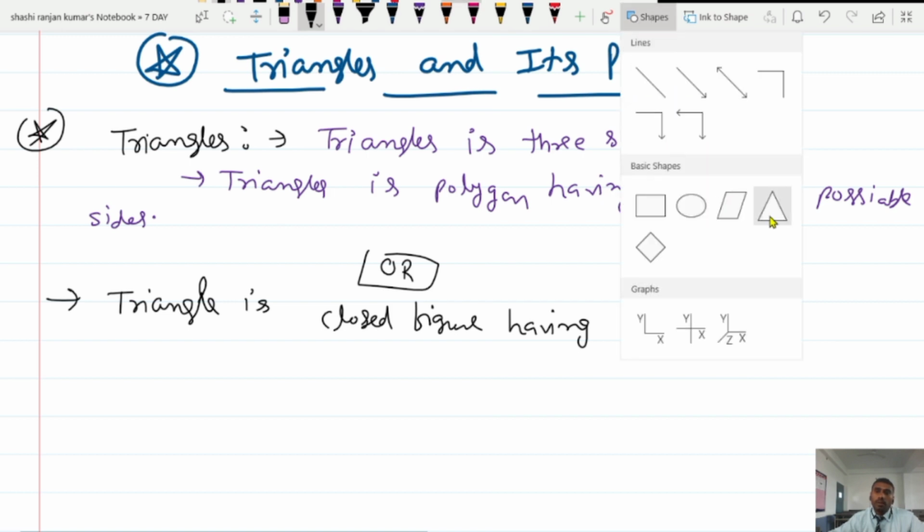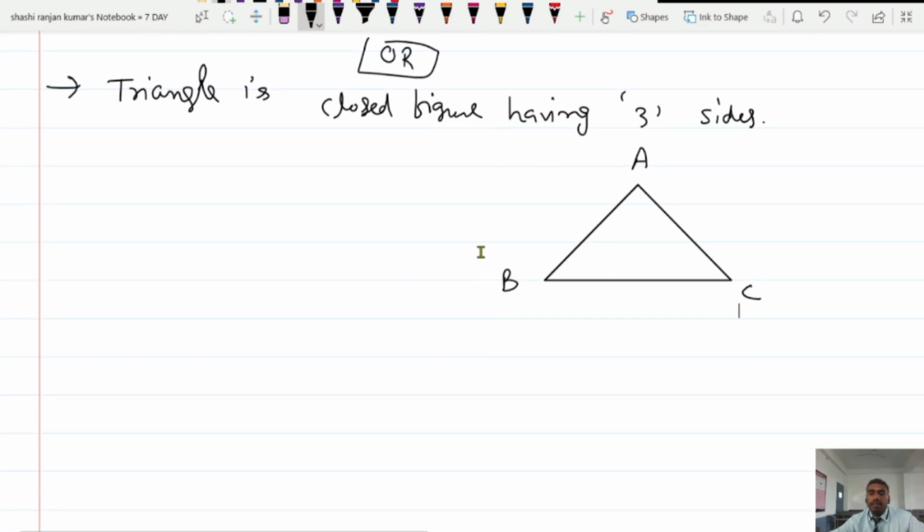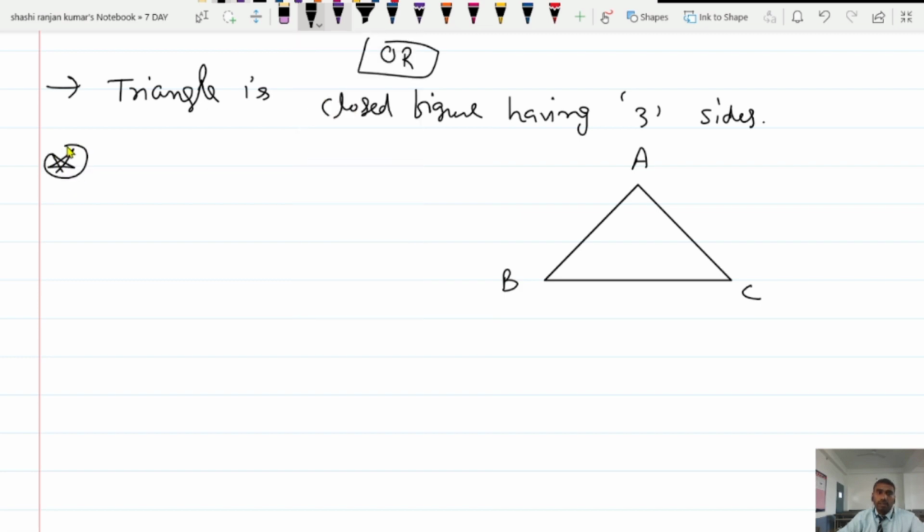So if we plot a figure here, this is the triangle we are taking. This is A, this is B, and this is C. ABC is the triangle. In a triangle, we have total three sides and three vertices.